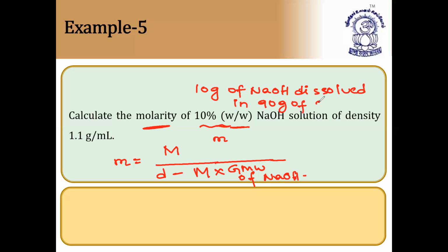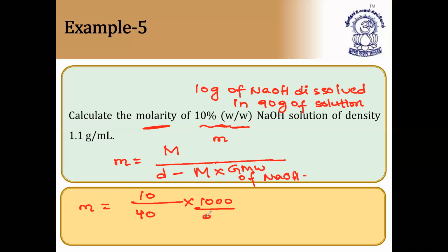So small m is equal to, I'm doing it here down, weight of solute, that is 10, by gram molecular weight of solute, that is 40, because sodium hydroxide is 40, into 1000 by weight of solvent, that is 90 grams.